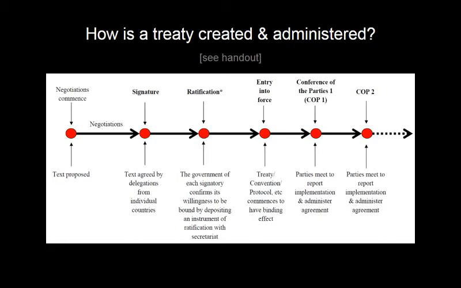So that's a situation where you've got an international problem that no country can solve by itself, and there is an obvious self-interest in cooperating with other countries. So they get together, they propose a text, and they negotiate about what their agreement will be.